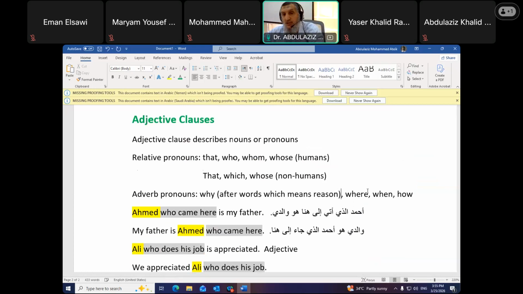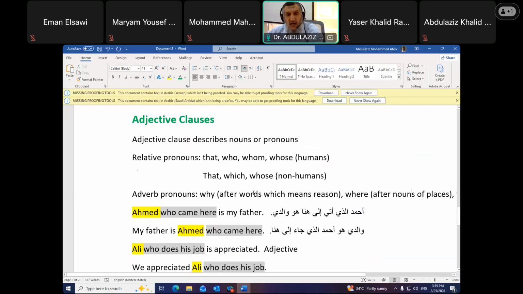Where should come after names of places. Not names, nouns, better. Nouns of places.